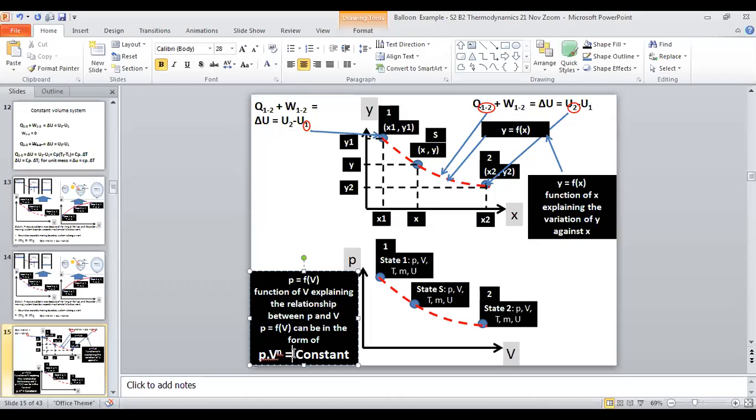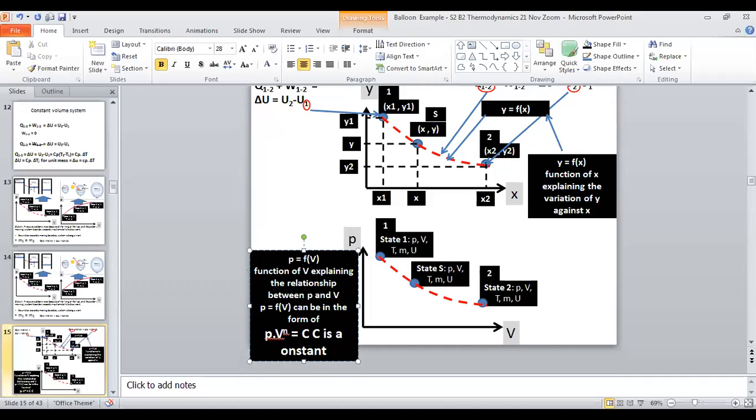You can write it as P times V to the power n equals constant, or you can say equals C, and C is a constant.